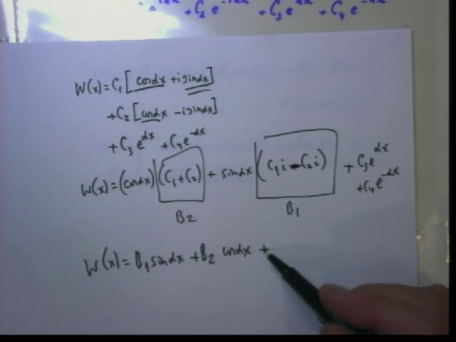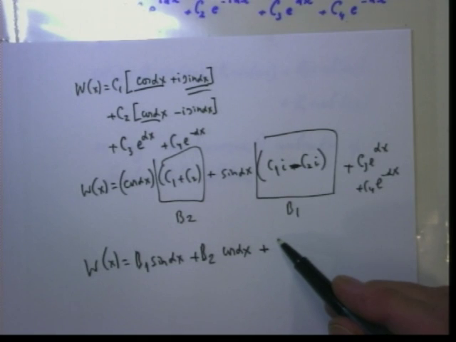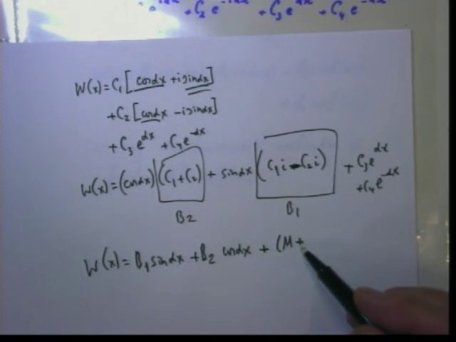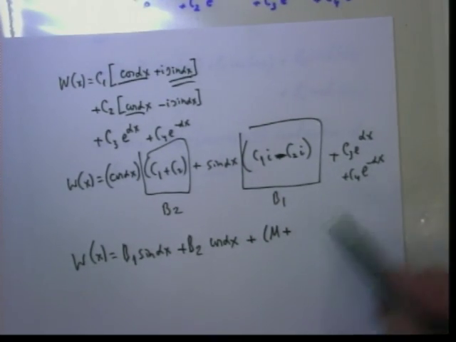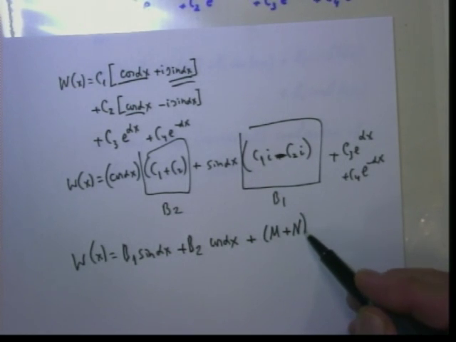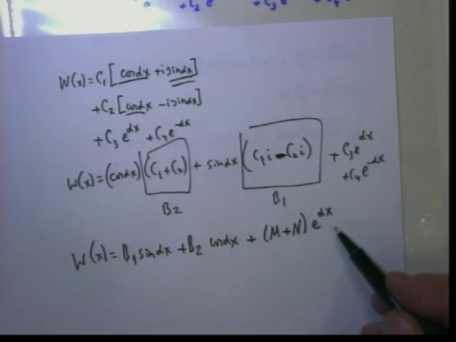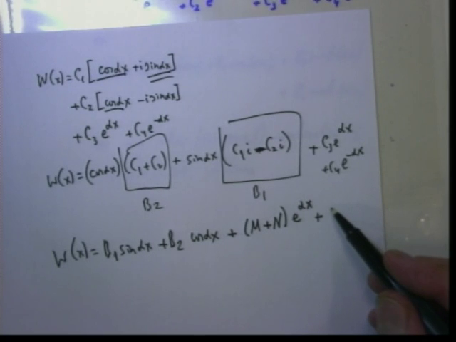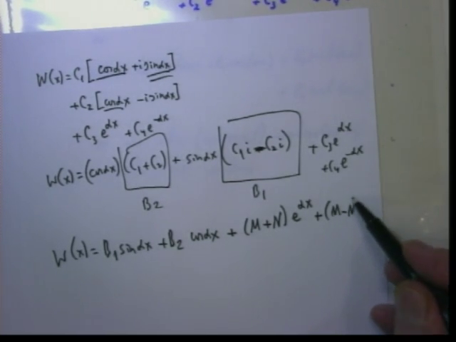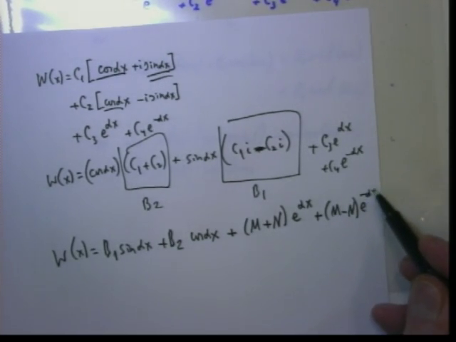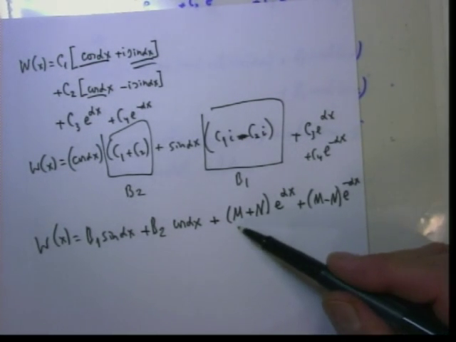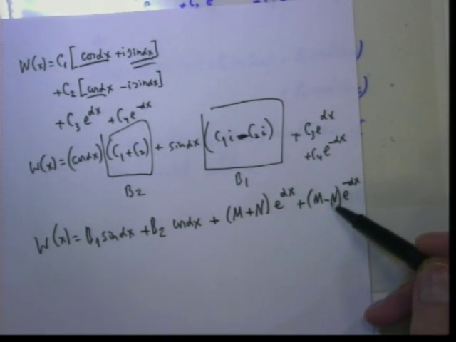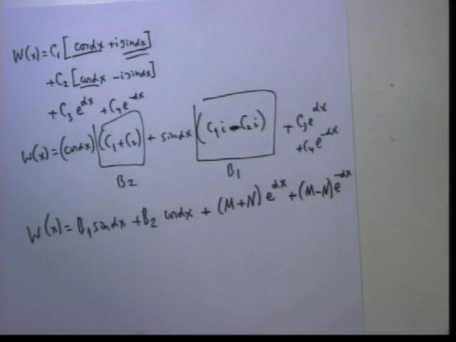Now plus, let us call this, C3 I will call m plus n, e to the power alpha x, plus this one I will call m minus n, e to the power minus alpha x. Okay, C3 I will write as m plus n, and C4 as m minus n.